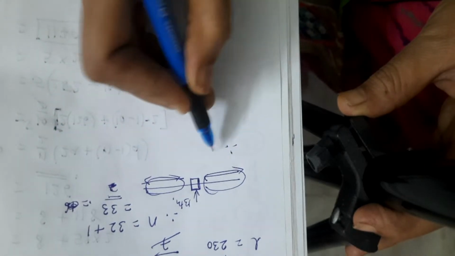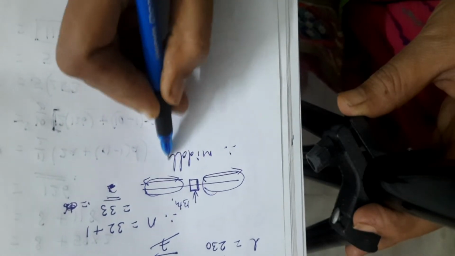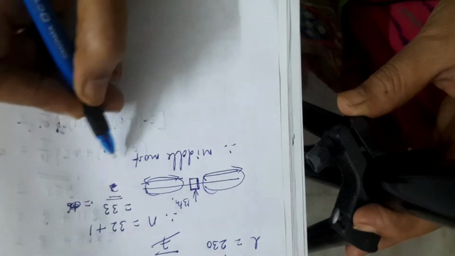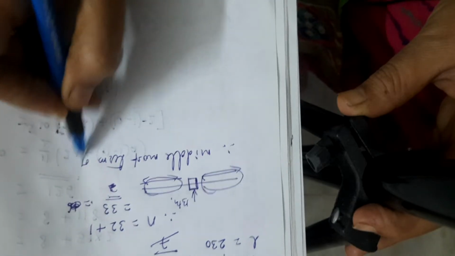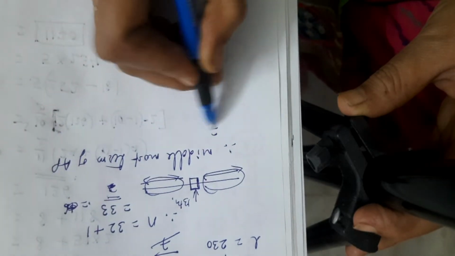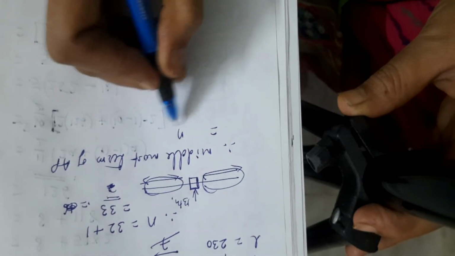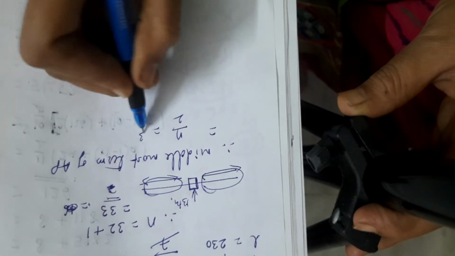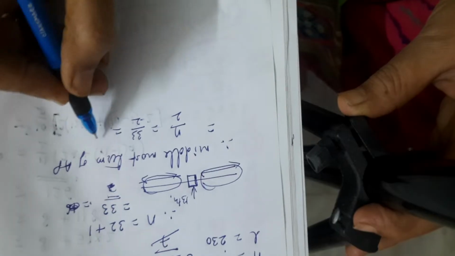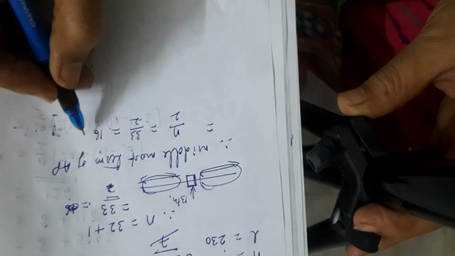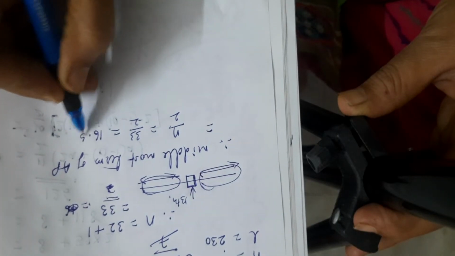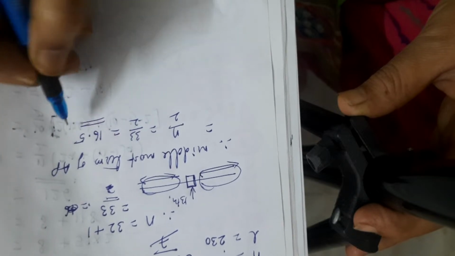Therefore, the middlemost term of the AP is N by 2, that is 33 by 2, which is 16.5. So a decimal is not taken.